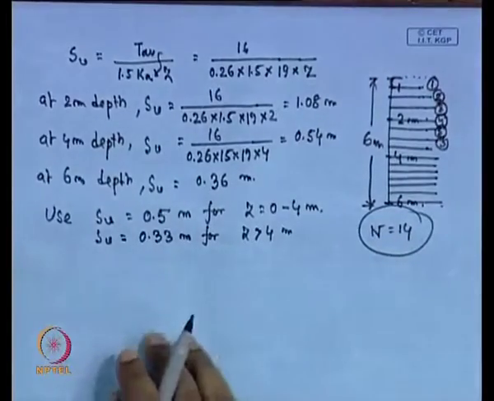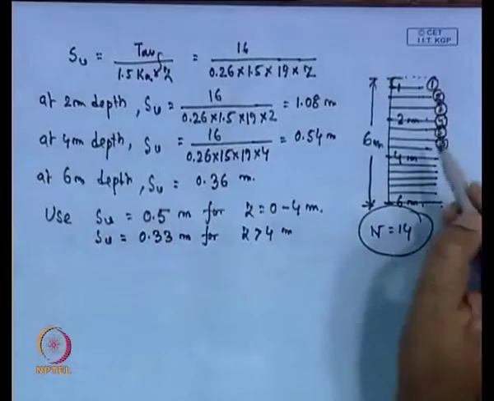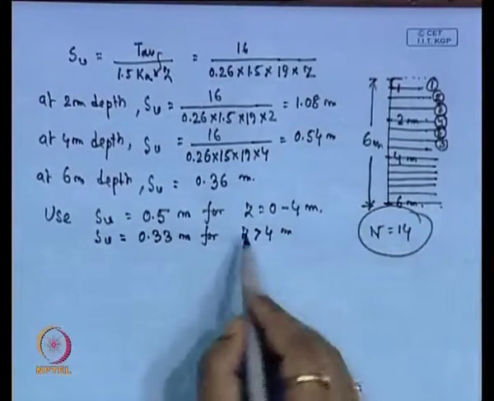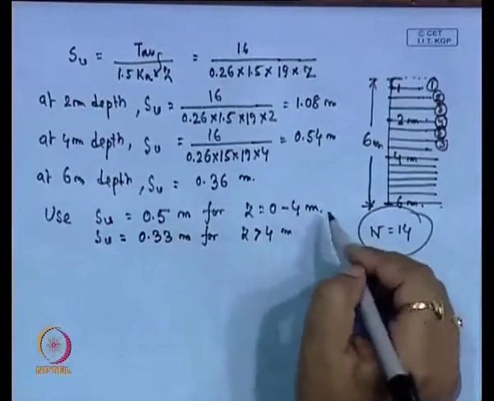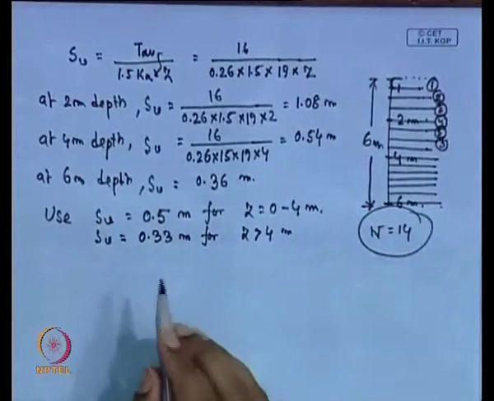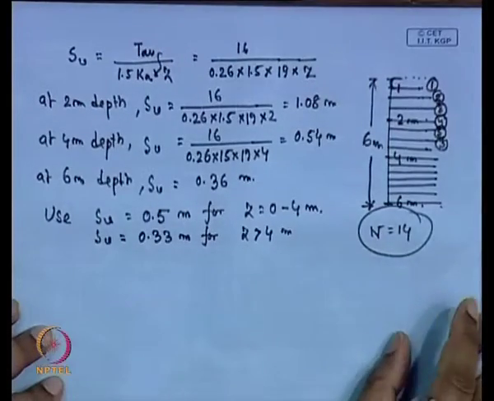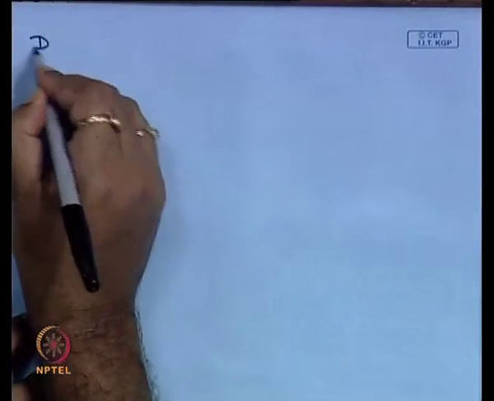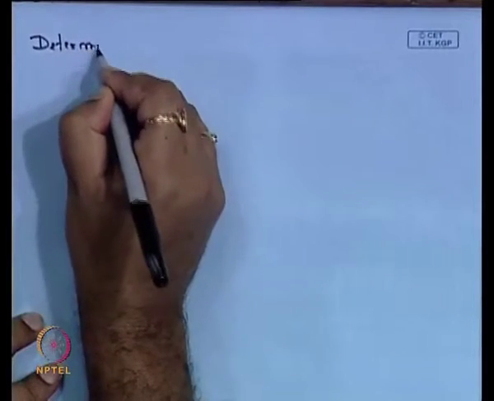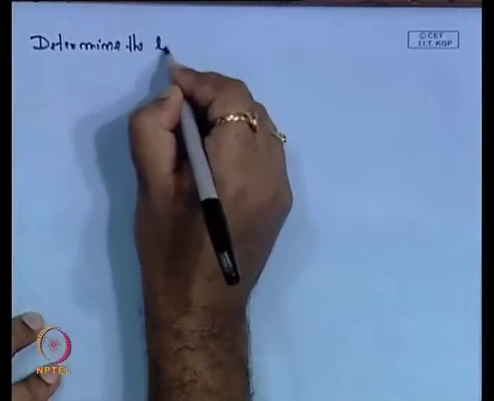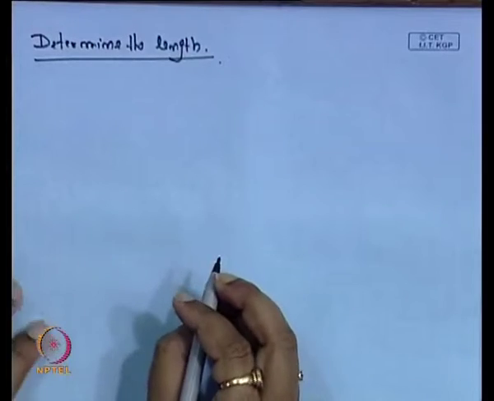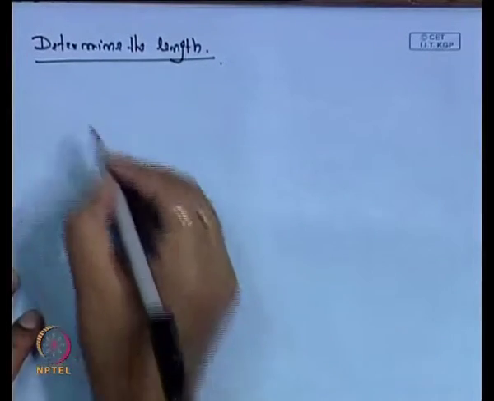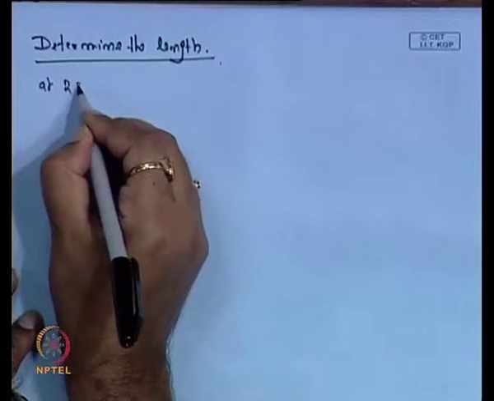So, that is decided, because this is the S B equation and we have taken it. Here the spacing for 4 to 6 is 0.33 meter and from 0 to 4 is 0.5 meter. So, the spacing part is over. Now the next step is to determine the length. First, we take the depths at which we have provided the reinforcement.